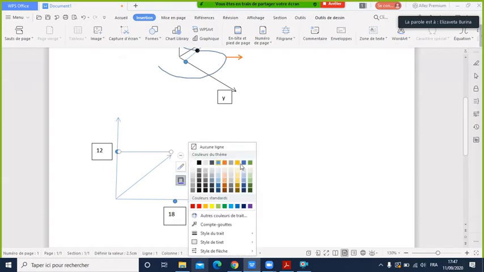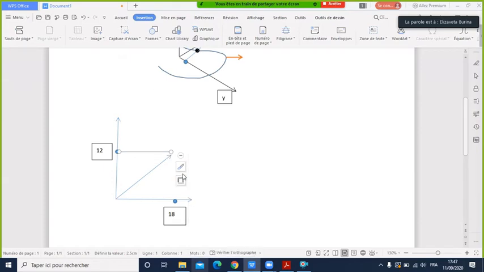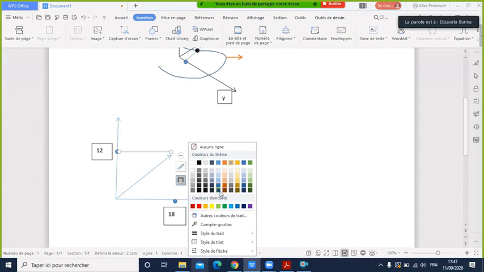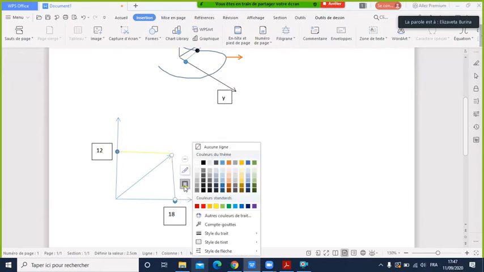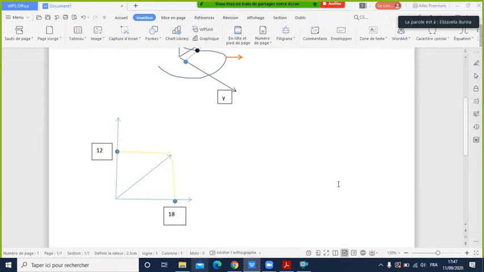Let's do it very yellow. So these yellow lines that I'm now trying to put are just showing you that 18 and 12 are the coordinates of the end of these vectors.